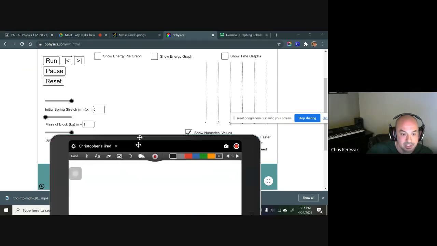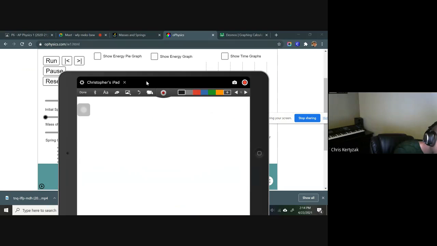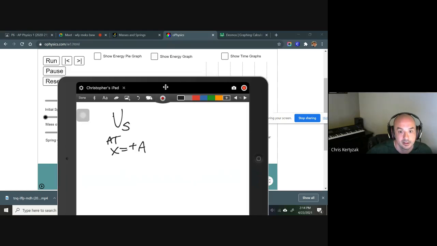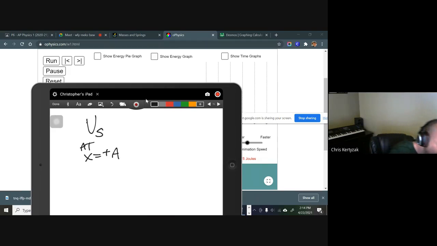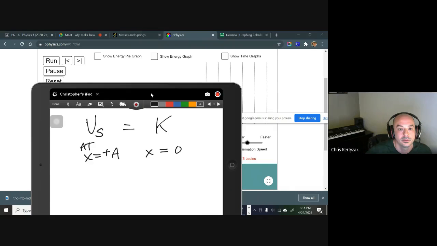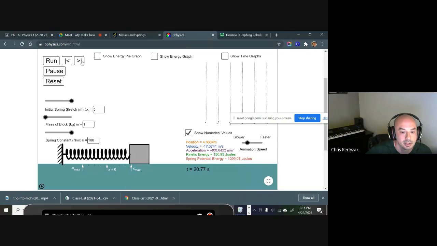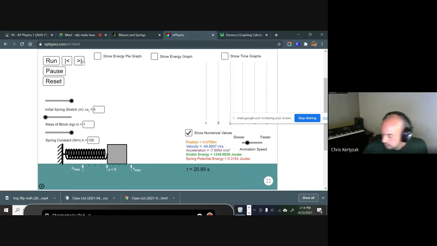So even from a theoretical point of view, we can say that the total spring potential energy at a position of plus A, which is when it's all the way over here, remember this is referred to as A, the amplitude, has to be equal to the kinetic energy when x is equal to 0, which is in the middle here, right?